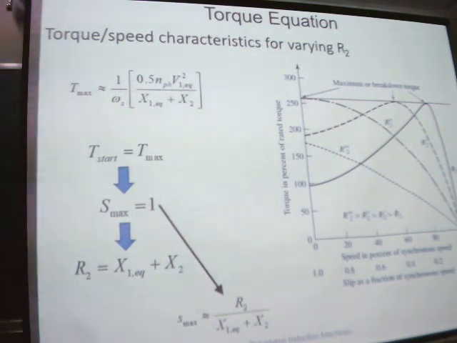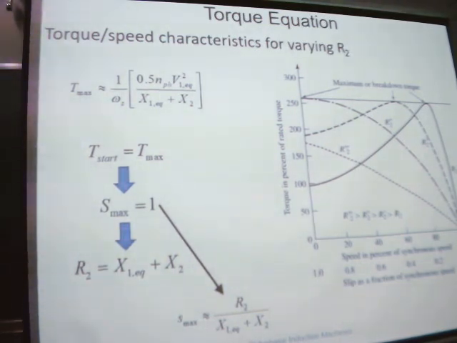To get maximum torque at starting, we need to satisfy this equation between the rotor resistance and the reactance. So this term is the maximum slip.